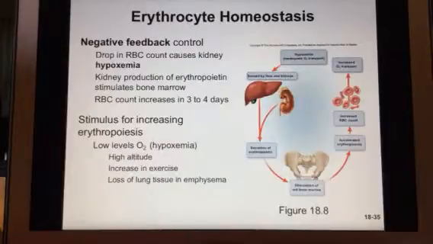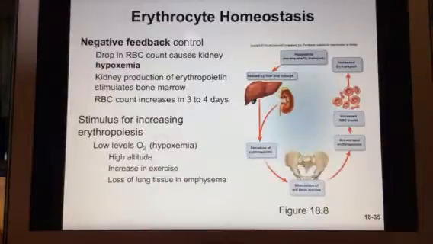And so those low oxygen levels in the kidney are what's going to trigger the production of red blood cells. The kidney produces a protein, and that stimulates the bone marrow to increase red blood cell production. But it's not overnight, it takes 3 to 4 days. We just said 3 to 5 days for them to mature. So it does take a few days for this all to get back into balance.